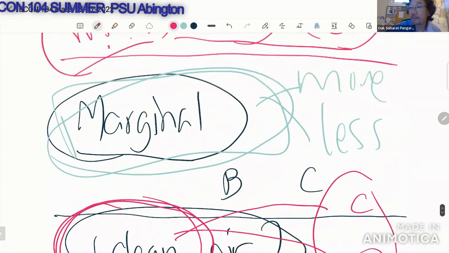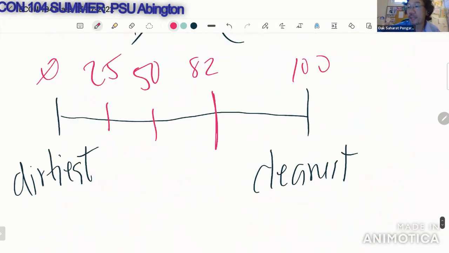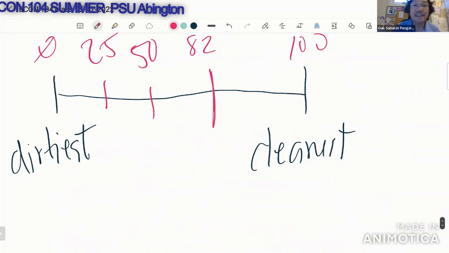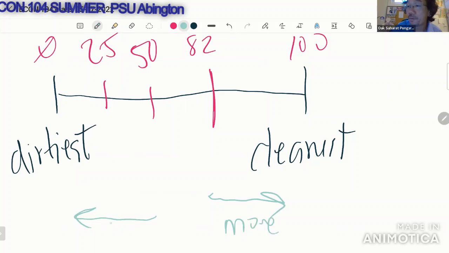So marginal thinking means the following. Nothing is all or nothing. Everything is more versus less. The only way to answer this question analytically is to ask, is the air cleaner or dirtier?